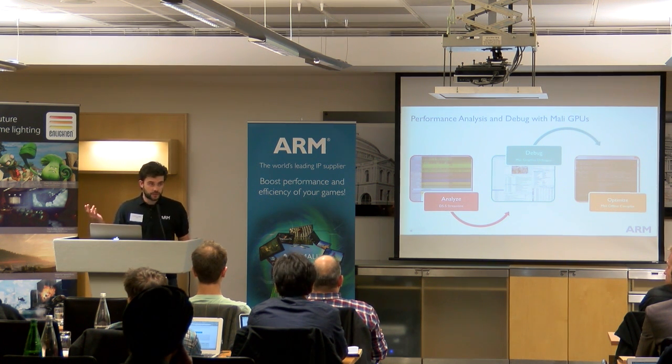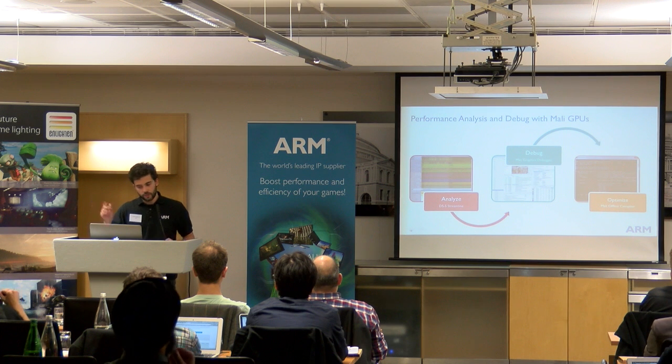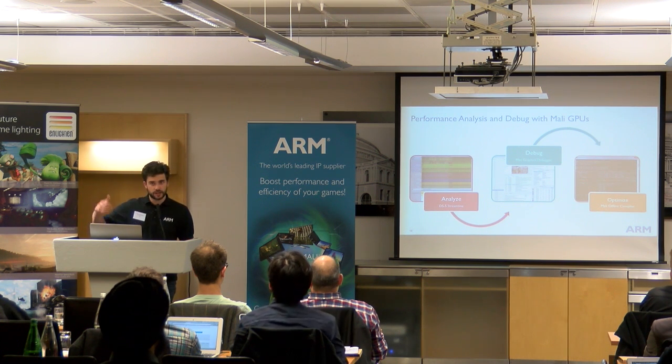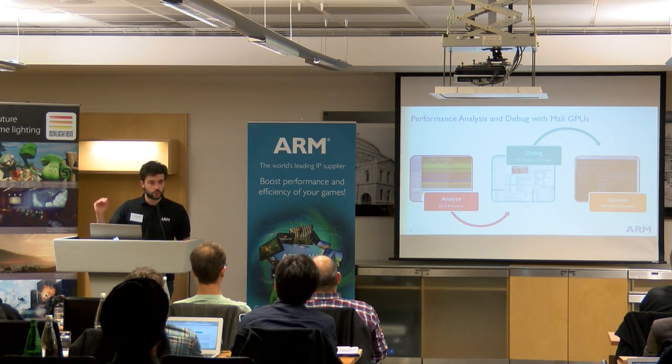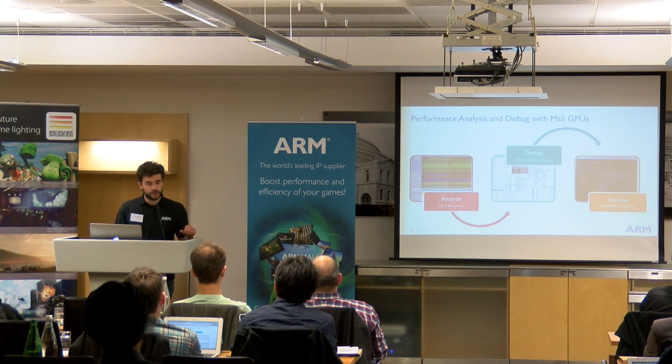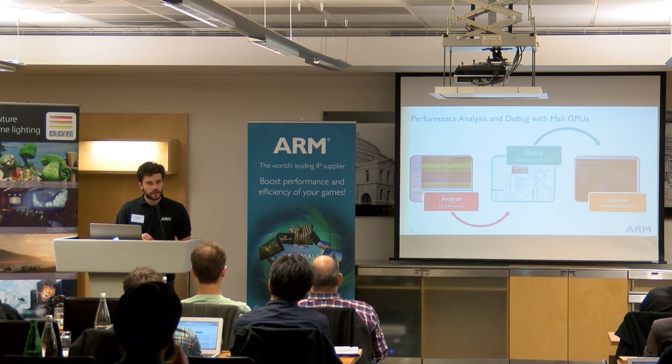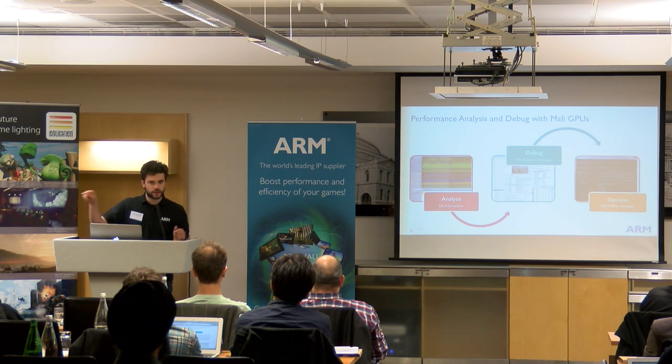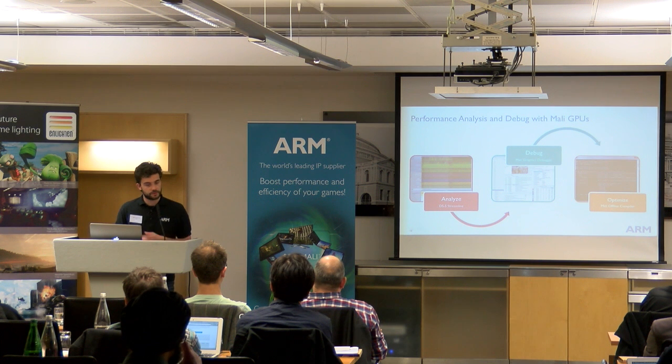Then we use the Mali Graphics Debugger to understand why some bottleneck is happening. For example, Streamline is telling us your vertex shader is really slow, there's a lot of cache misses. Then we switch to the Mali Graphics Debugger, and it will actually show that some draw calls have a crazy number of vertices, and they're also sparse in memory, and so basically the GPU has to access them in a non-very convenient order.